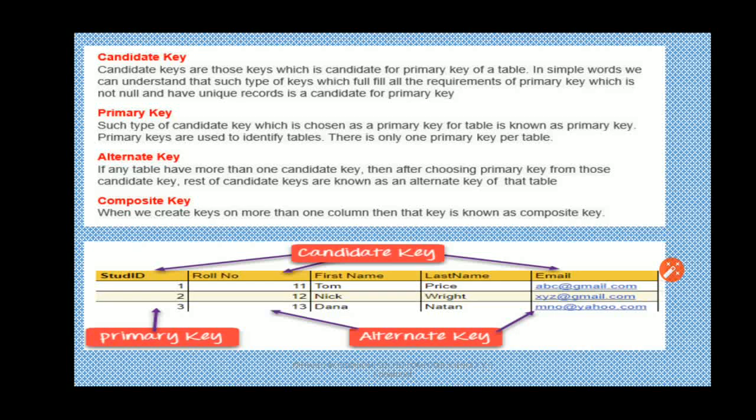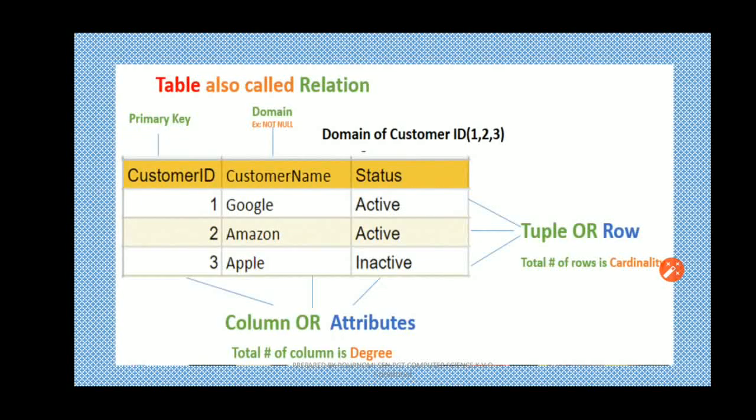So if we just see the table here, see customer ID, customer name and status. Now as you can see, the status can be active for more than one row. The status can be inactive for more than one row. Customer name also sometimes can be same, but customer ID will always be different. So what is key?